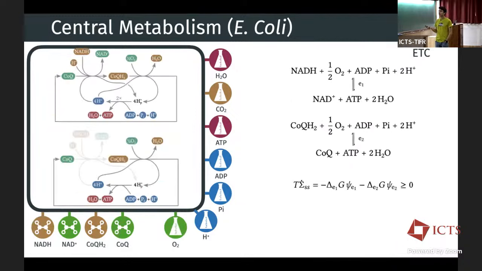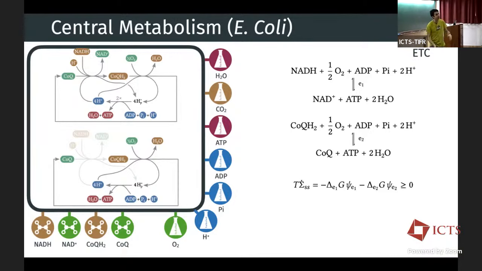Final point, the electron transport chain, our last module. In this case, if we consider these species as terminal species, we have two emergent cycles, two effective reactions, represented by this reaction and this reaction. So the entropy reduction rate, the second law, is balanced by two contributions representing the two reactions, which are now running at different rates.